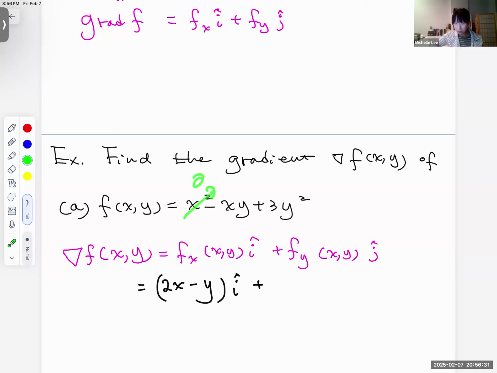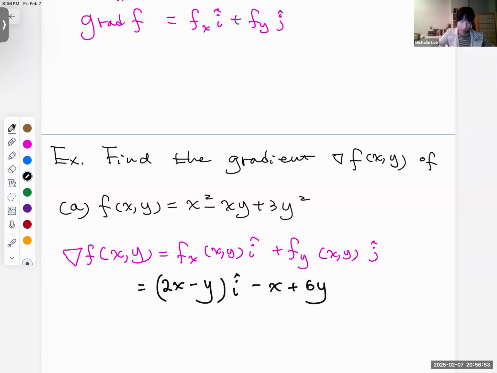So this is 0, and x is a constant, so negative x, and 6y, I'm sorry. So negative x plus 6y.